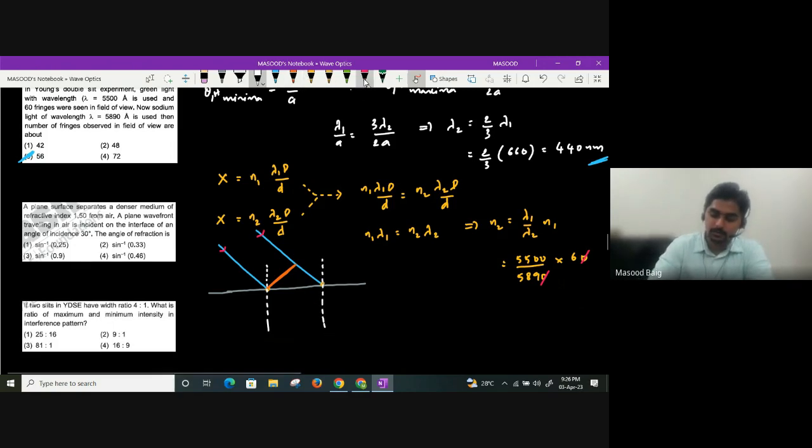So light is traveling from air to the denser medium of 1.5. So light will bend towards the normal or not? So you will get this as your refracted ray. Again, it is light, so again it will be a wave only. This is our wave propagation.